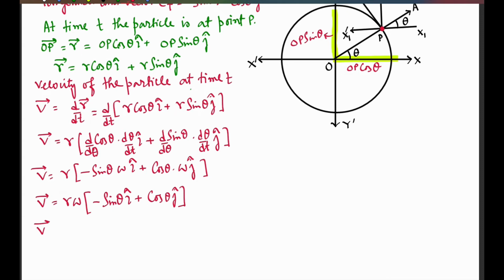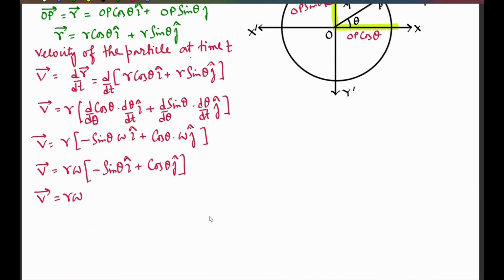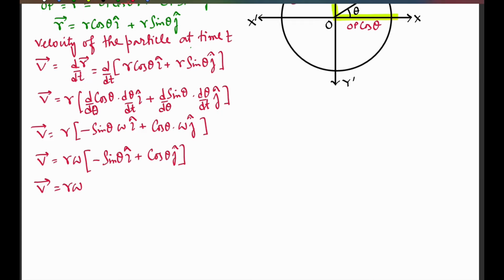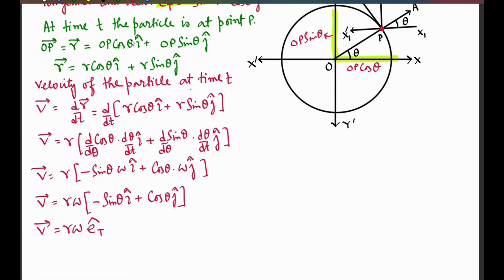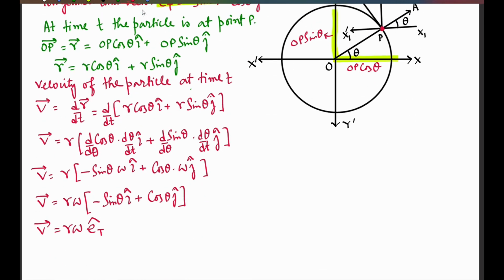This is the tangential unit vector, e_t cap. Therefore, the velocity is directed tangentially, that means from point P to B, and the speed is v, this is r omega.